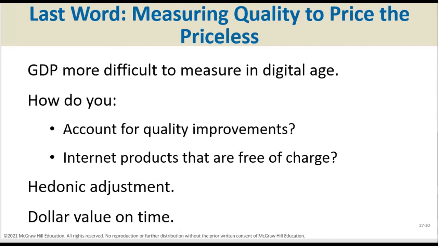Those are quality improvements that also add to our time and improve our standard of living. But how can the Bureau of Economic Analysis access that information and add it to the calculation of GDP? That's a challenge they have. The traditional way of accessing that information and adding it to GDP becomes obsolete in the digital age, right?